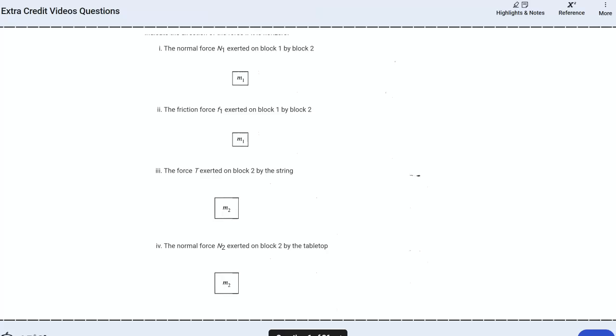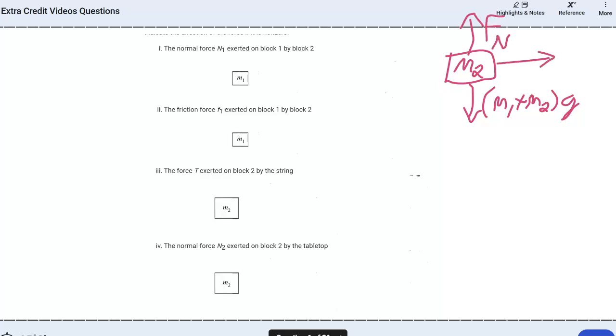Let's draw our FBDs for each block separately. For M2, the bottom block, we have our weight force, which is M1 plus M2, because M1's on top of it, times G. Our normal force. The rope's attached to M2, so tension force acts on that. And then the friction force.